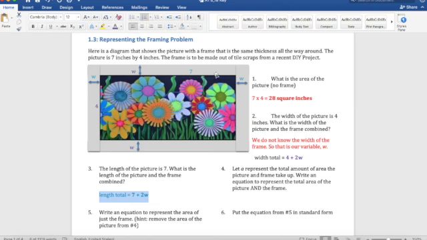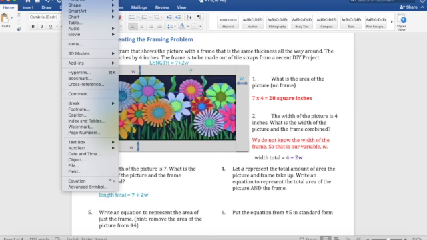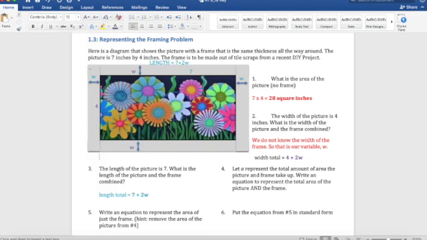So the entire length, let me make another box here, is 7 plus 2W. I'll make that wider. Length is 7 plus 2W. I'll do the same thing for the width, except I'll make it a vertical text box right here.